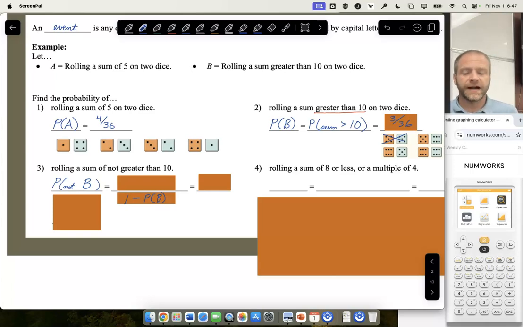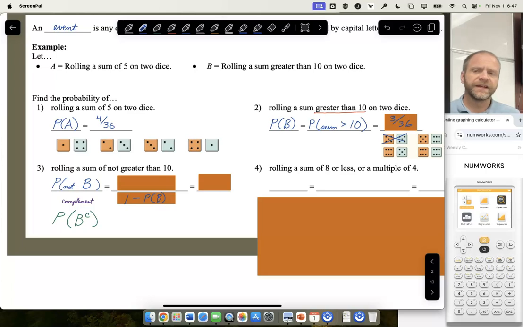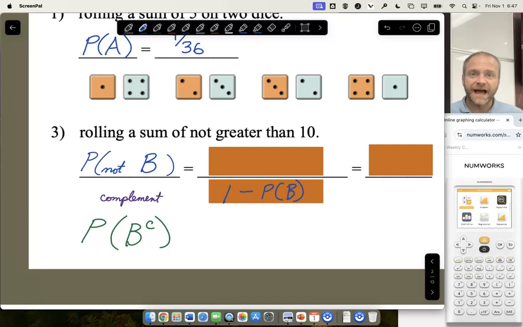If I know that event B is 3 out of 36, the probability of not B happening has to be what we call the complement of it. And we're going to look at that notation a little bit later. The complement is not the event happening. The notation is to put a superscript capital C. So the probability of B complement means the probability of not B happening. So I'm going to take 1 minus the probability of event B. So in that case, I'm going to have 33 out of 36.